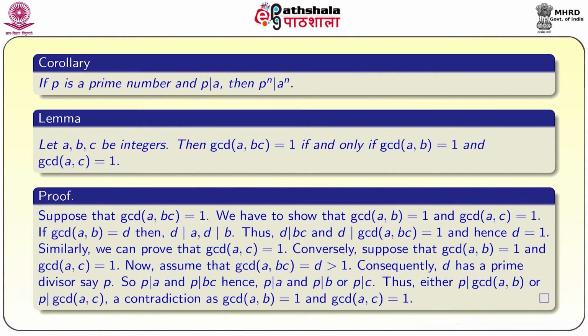Since d divides a as well as bc, p has to divide a and bc. So, again p divides bc implies p divides b or p divides c. Thus, p divides GCD of a comma b or p divides GCD of a comma c. It is a contradiction, as GCD of a comma b equal to 1 and GCD of a comma c equal to 1.